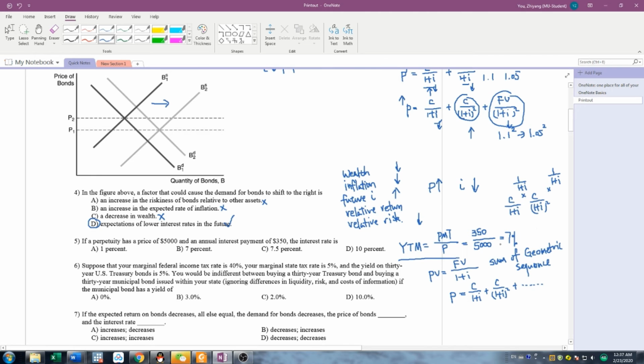Okay. And for the summation, we have an equation to get the summation of a geometric progression, which is the first term.